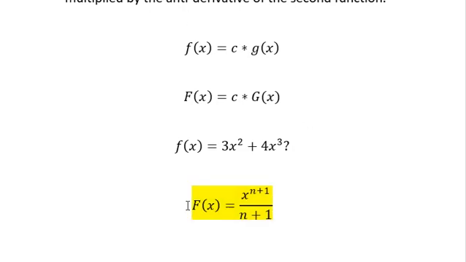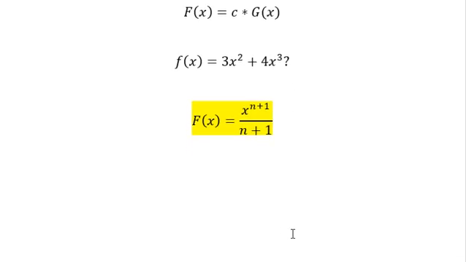So we have 3x to the power of 2, and n is going to be 2 for the first function. For the second function, n will be 3 because it is the power of 3. And I can apply this formula to the two parts of the function f of x.